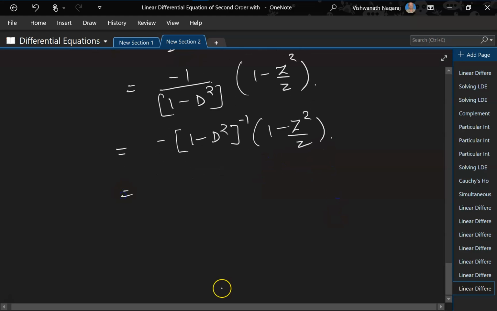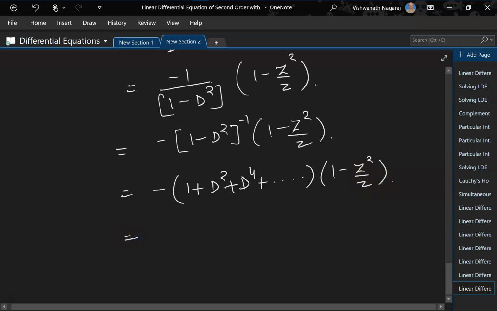Right? And this can be written in series form. So minus of 1 plus D square plus D4 and so on, times 1 minus z square by 2.